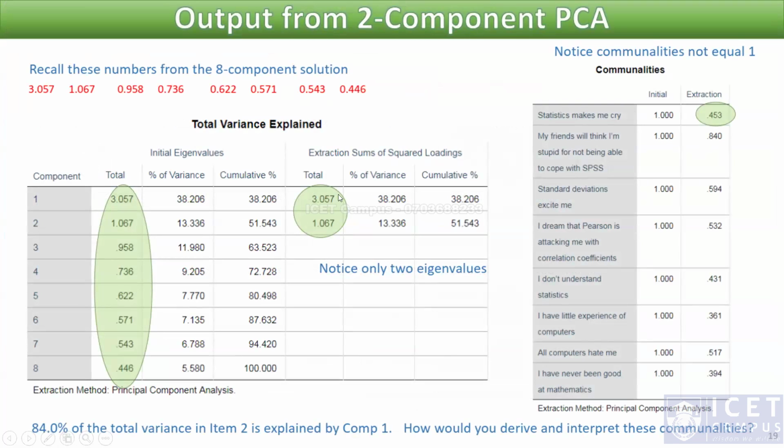It means we can summarize the eight questions into two, because only two eigenvalues are there.